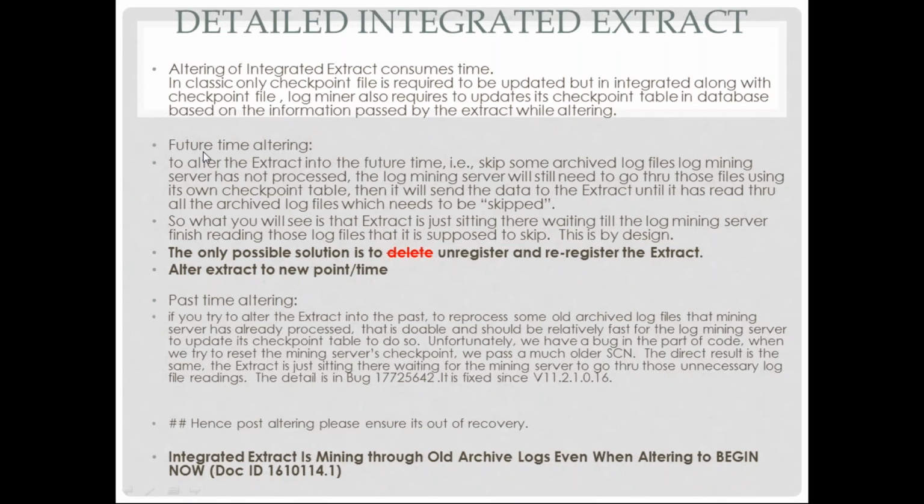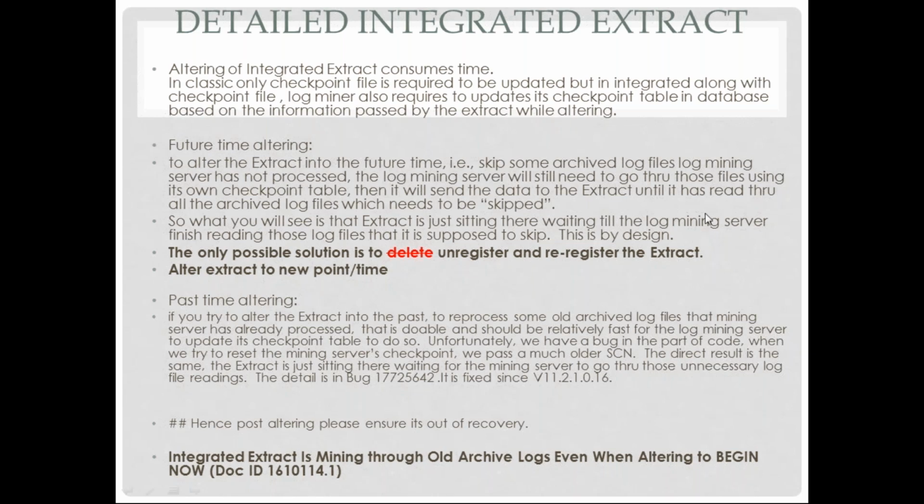All right. So where were we? Future time ordering. To explain this, I showed you that example, correct? So you understood when, in what scenario, you need the extract to skip some archives and redo.